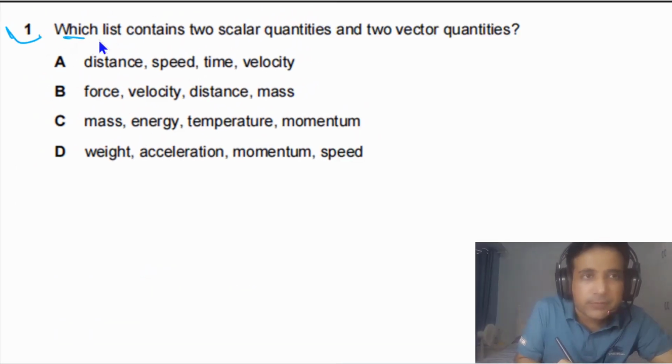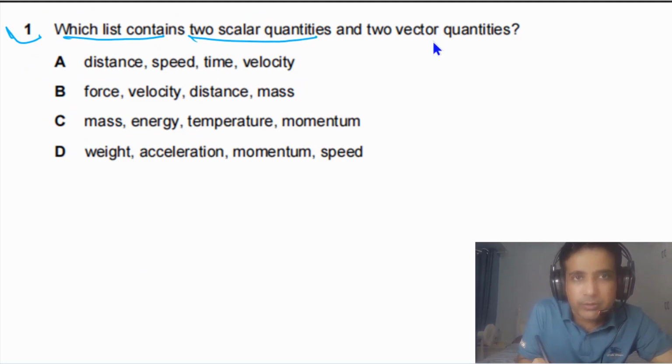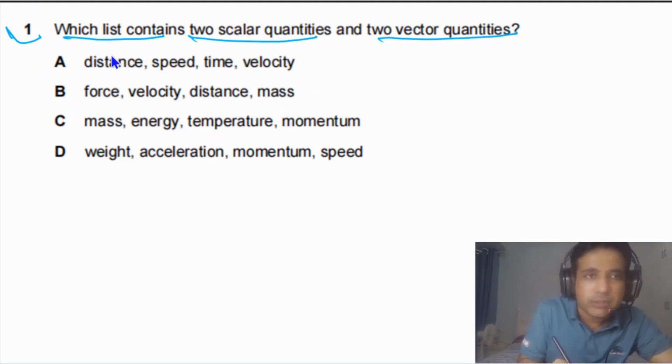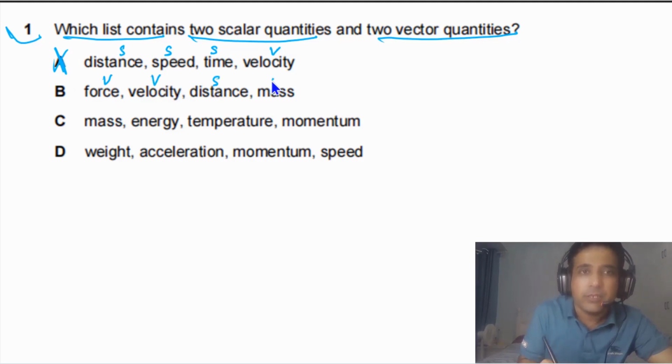Question 1 says, which list contains 2 scalar quantities and 2 vector quantities? If you look at option A, distance is a scalar, so we can use s. Speed is a scalar, time is a scalar, and v is a vector. Velocity is a vector, so this is not the correct option. Force is a vector, velocity is a vector, distance is scalar, mass is scalar.